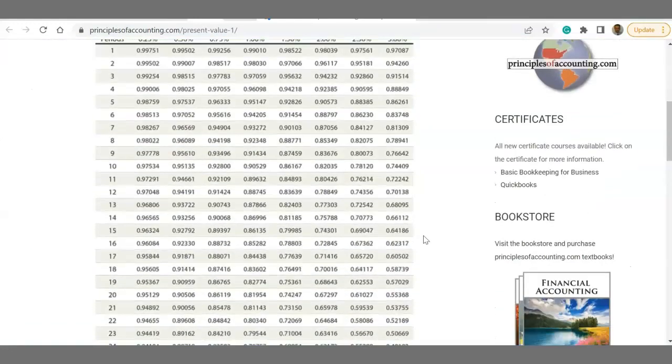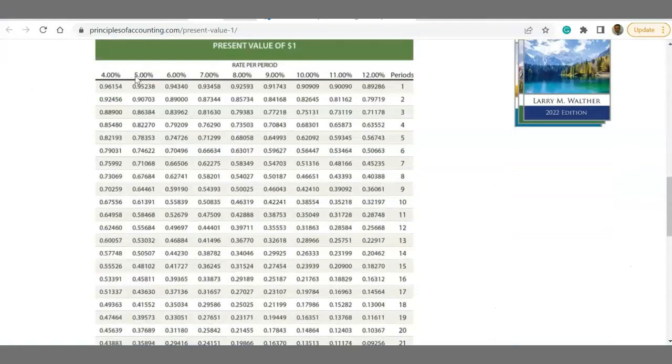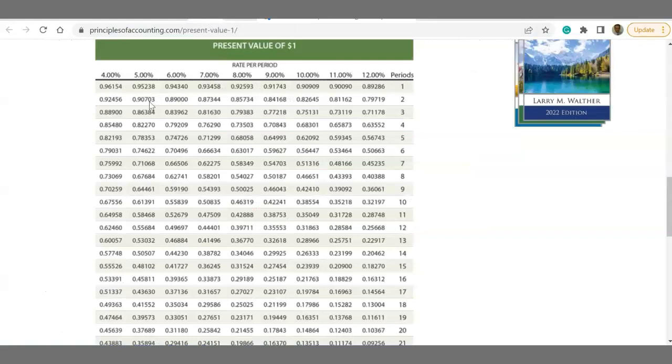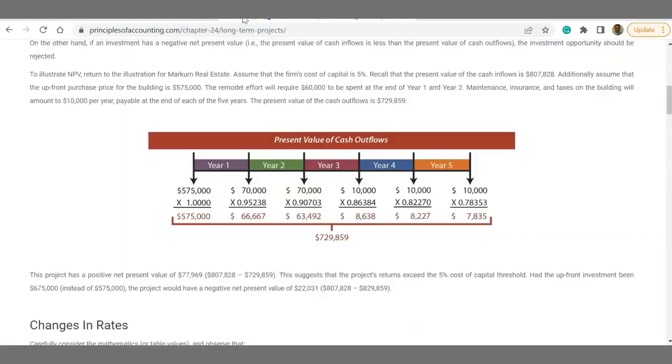So I is 5% here, and here is year 1, 0.95238. And for year 2 is 0.90703, and just keep going down.